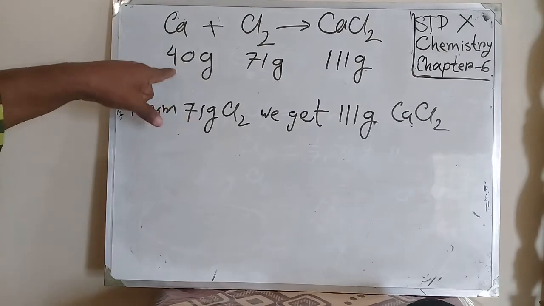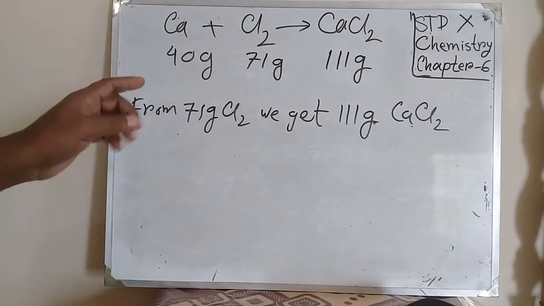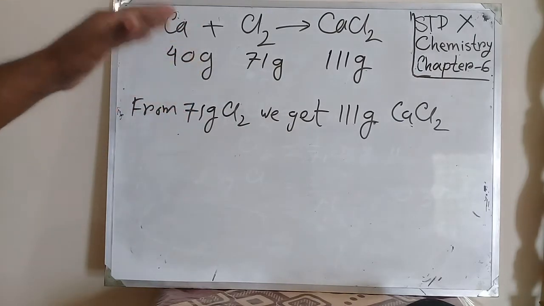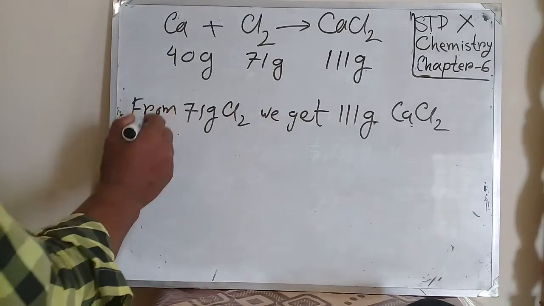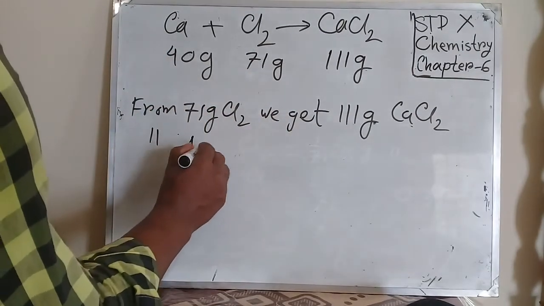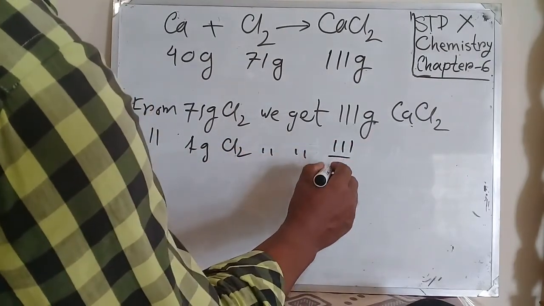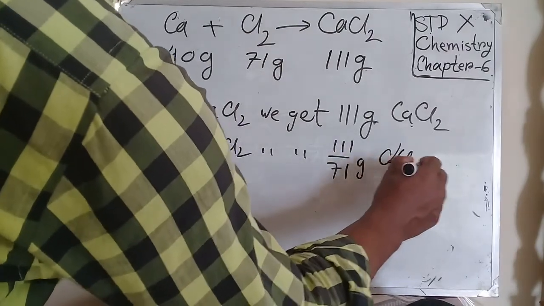If we take this amount and this amount, we will get 111 gram calcium chloride. So we have taken in the reaction a total of 25 gram chlorine that didn't react. So we will find out using 25 first. From 1 gram chlorine we get 111 divided by 71 gram calcium chloride.